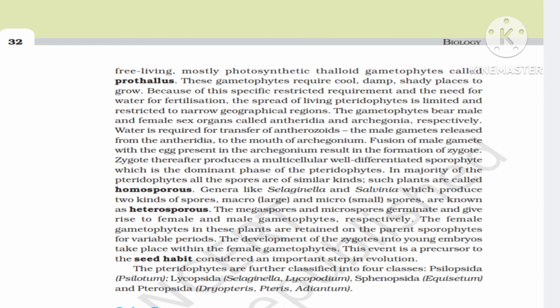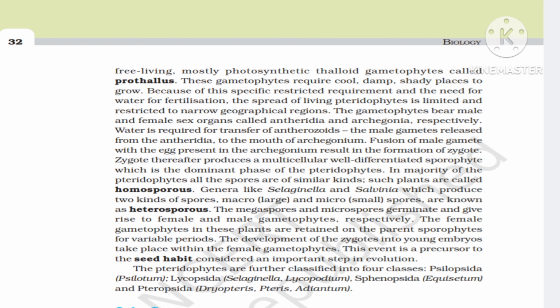In the majority of pteridophytes, all the spores are of similar kinds. Such plants are called homosporous. Genera like Selaginella and Salvinia, which produce two kinds of spores, macro and microspores, are known as heterosporous. The megaspore and microspore germinate and give rise to female and male gametophytes respectively.